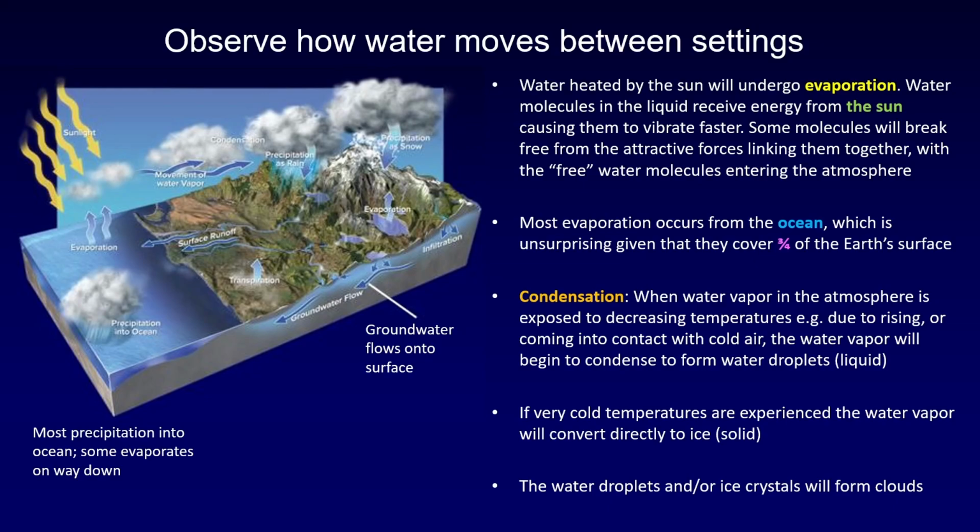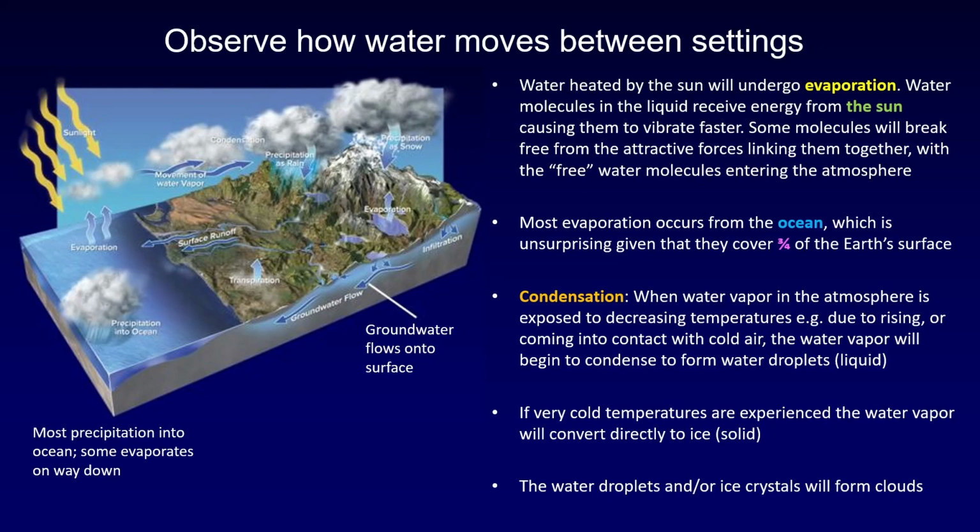Once those bonds are broken, that water molecule is now free to exit and go up into the atmosphere, and obviously this is now going to occur as free water in the form of water vapor. Now, in terms of evaporation, unsurprisingly, most of the evaporation comes from the ocean. This isn't a shock because the ocean is a very significant proportion of the Earth's surface.